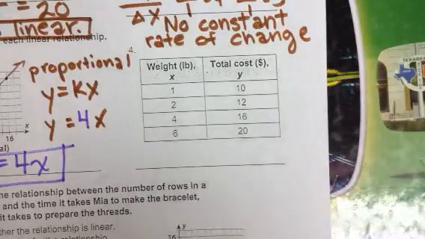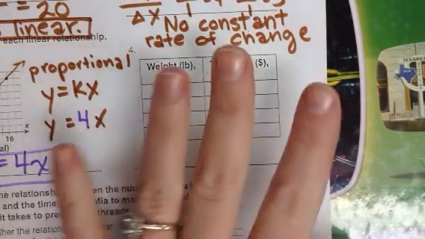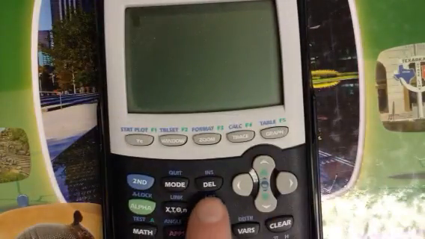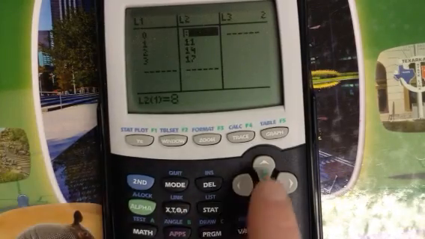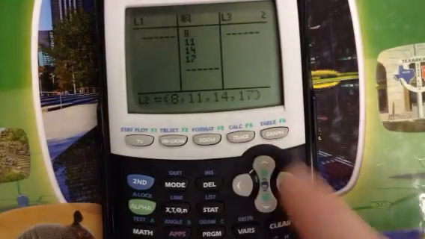Okay, yesterday we practiced this a lot where we were going to stat and inputting the data from the table into list 1 and list 2. So you need to hit stat and then edit. So just choose enter. Remember, if there's numbers in there, you hit clear enter.